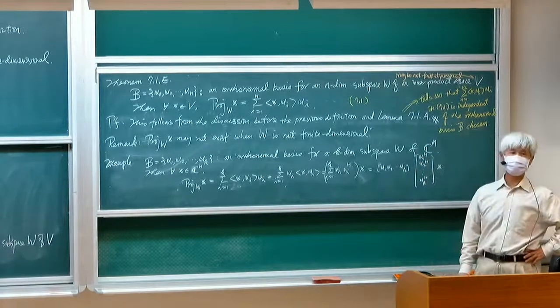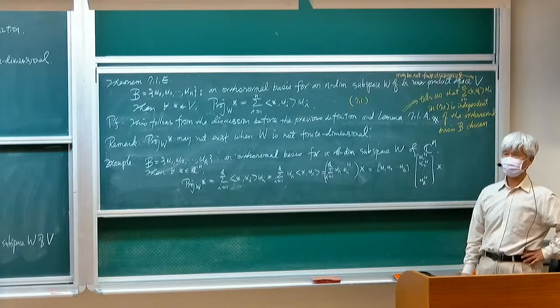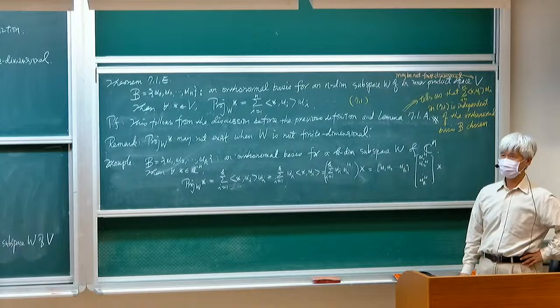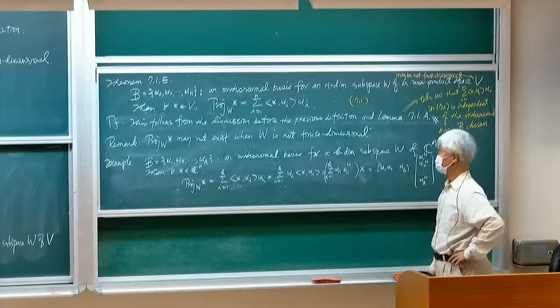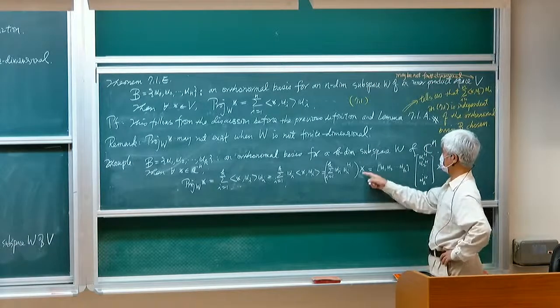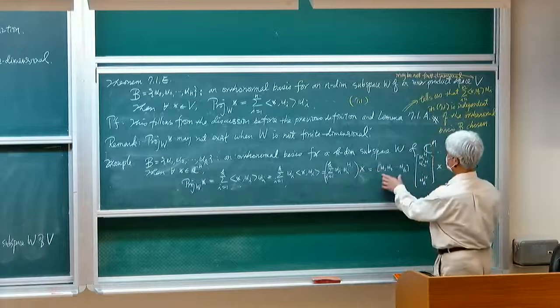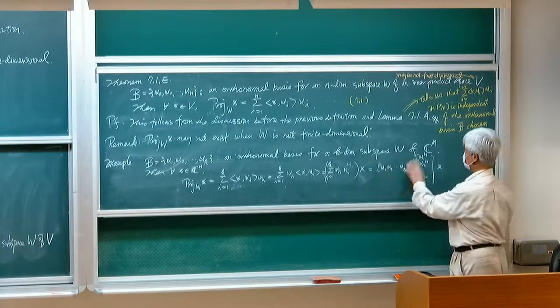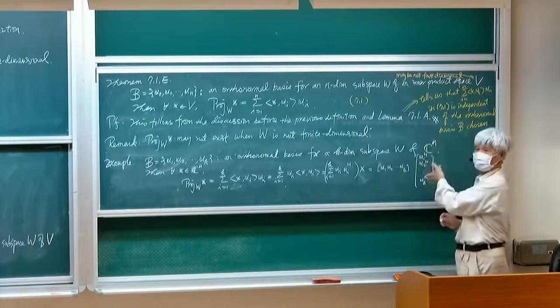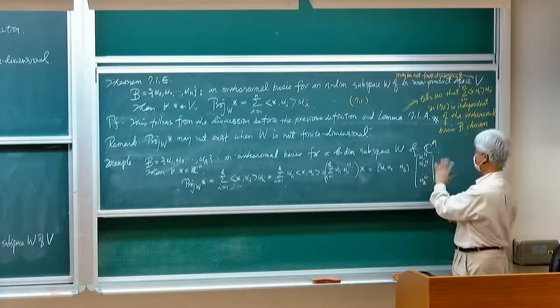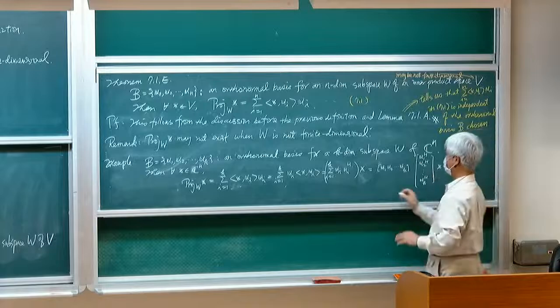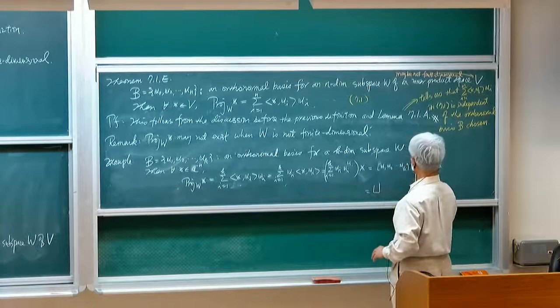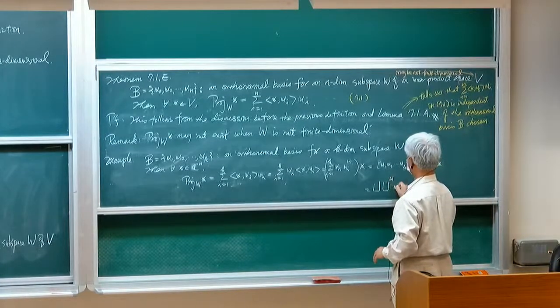Is that okay? So you list the column vectors in here as a row vector. So this is a row vector of column vectors, and this is a column vector of row vectors. With that, this is U, and this is U Hermitian and x here.